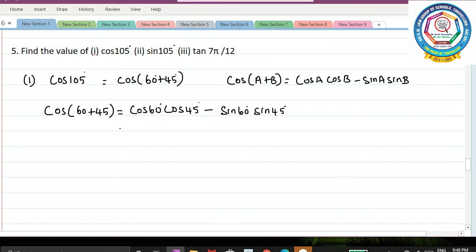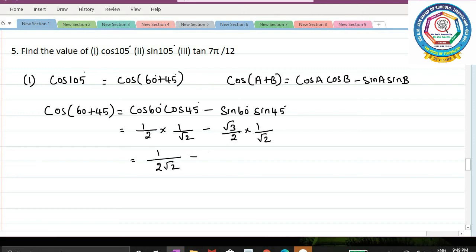We know that value cos 60 equal to 1 by 2 into cos 45, that is equal to 1 by root 2, minus sin 60, that is equal to root 3 by 2 into sin 45, that is equal to 1 by root 2. Next, multiply: 1 into 1, 1; 2 into root 2, 2 root 2.